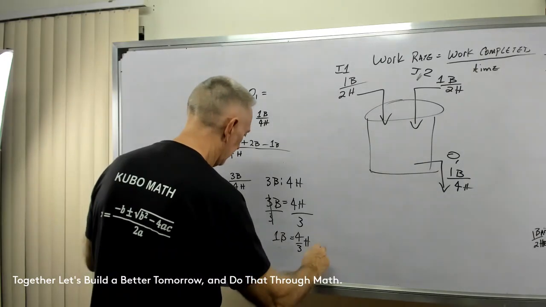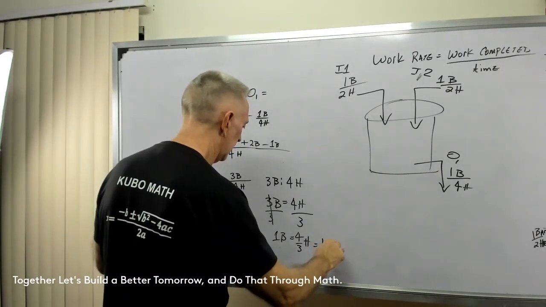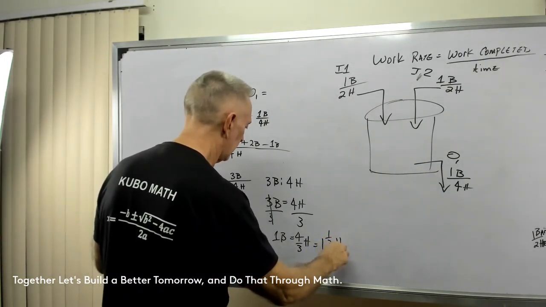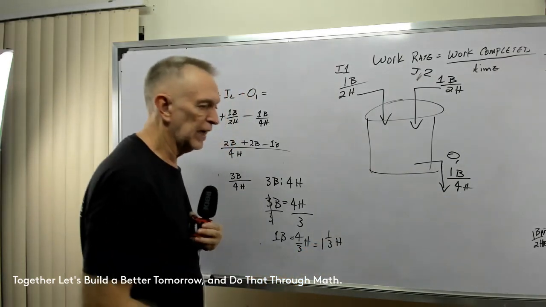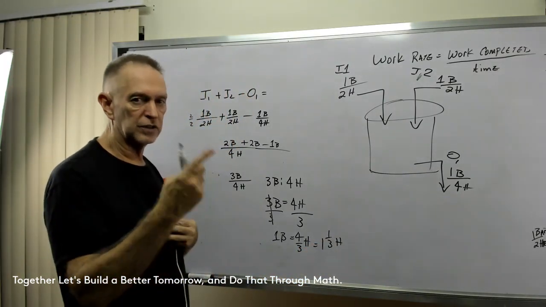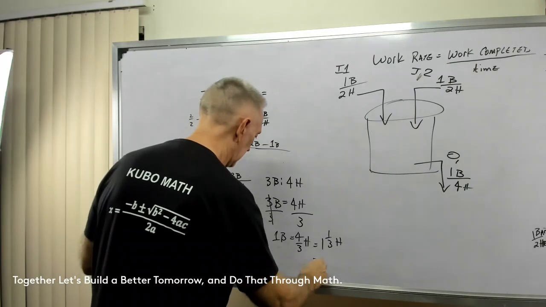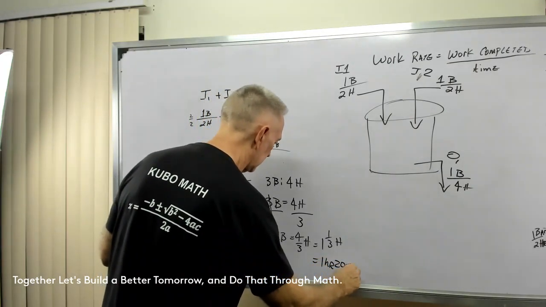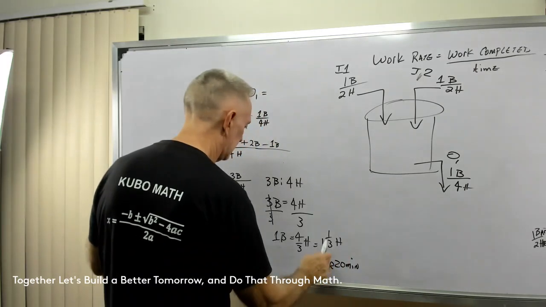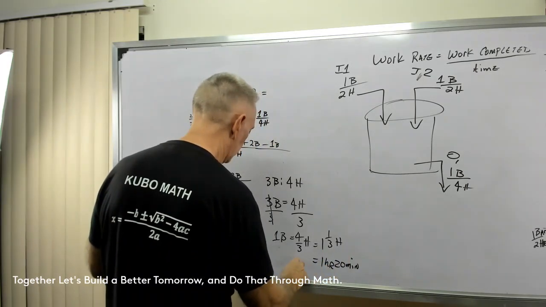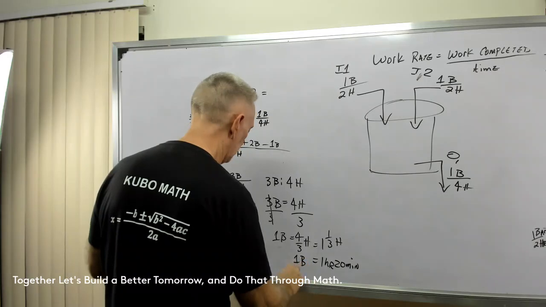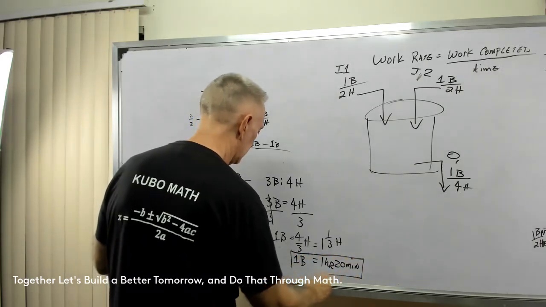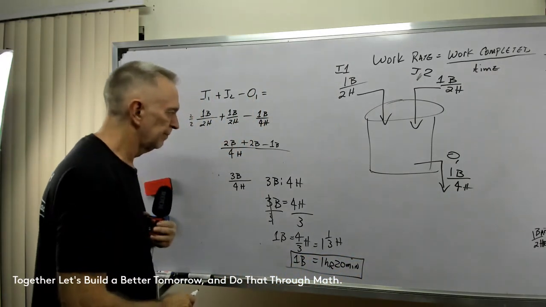That is 1 and 1/3 hour. What's a third of an hour? Well, 20, 40, 60 is 20 minutes. So this would be 1 hour and 20 minutes would be the time that it takes to do the work of filling 1 barrel. So that would be the answer.